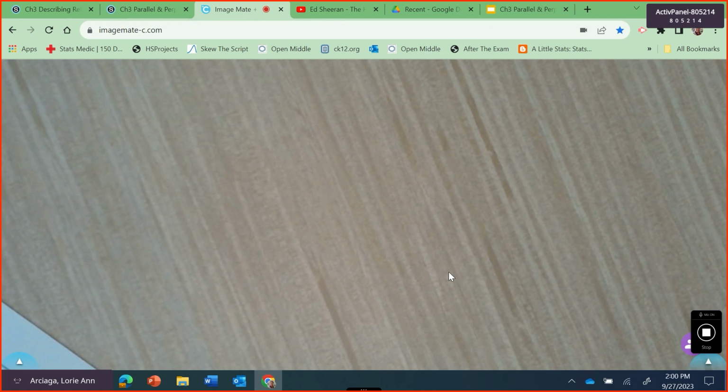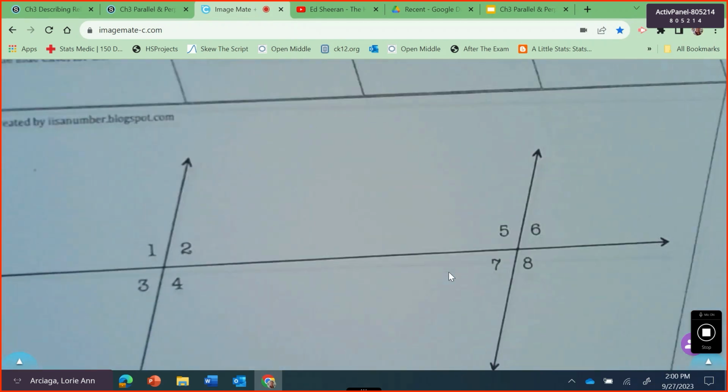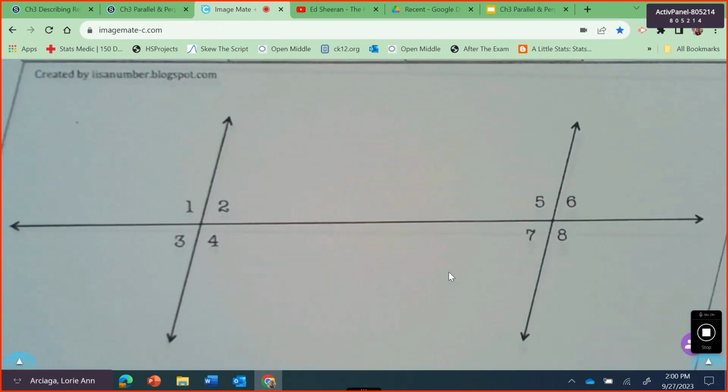Let me put mine up. What do you see in the picture? How many lines do you see? 3. So 2 are going up and down, and 1 is going sideways, correct? Let's give names to those lines.